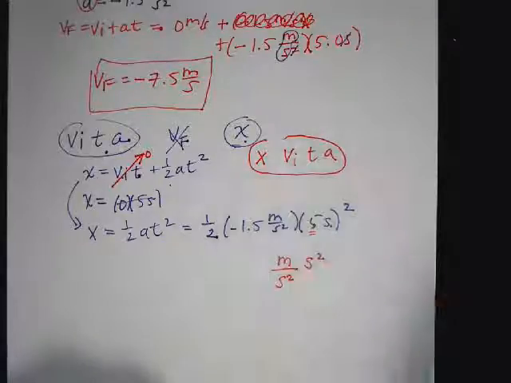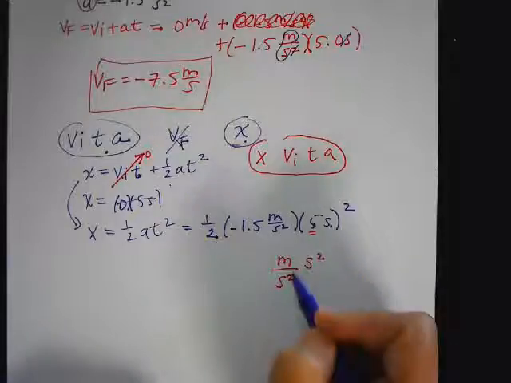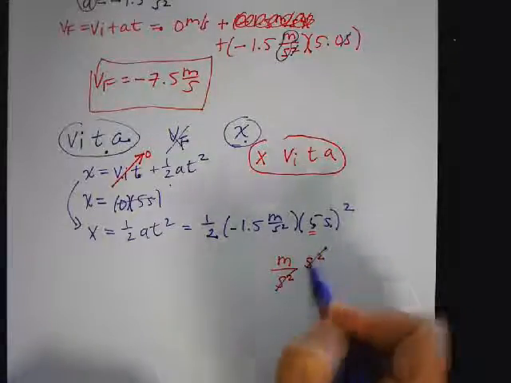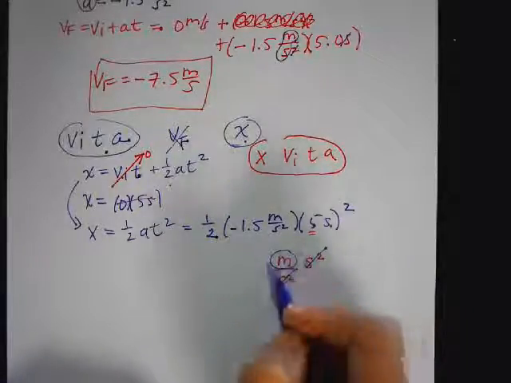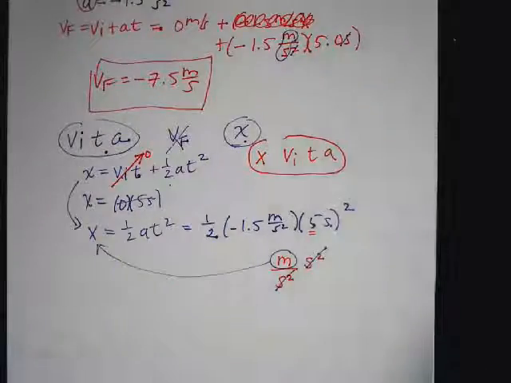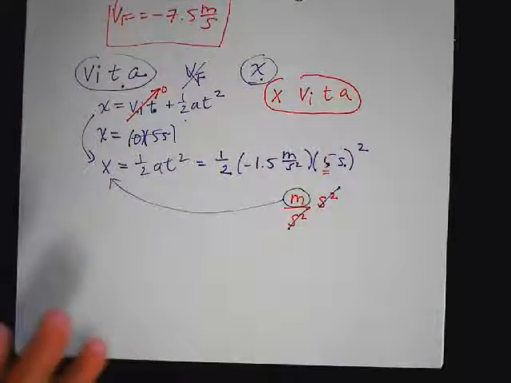Is meters the correct unit for displacement? It is. So again I have a foolproof way to check my work, unless I'm a fool and I don't want to check my work. But if you want to get an A in the class, you will do that extra couple of seconds to check your work.